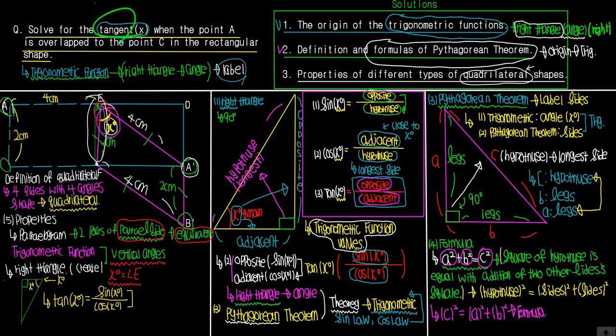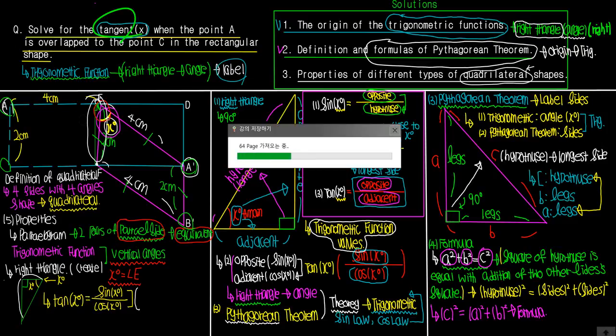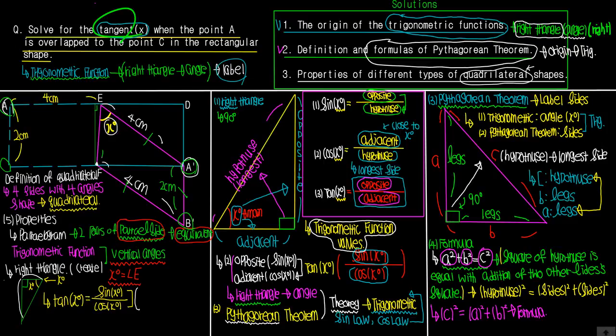So the only thing that we need is the side that is adjacent and the side that is opposite. I will erase this a little bit to see better. The side right over here, that is the opposite side, which will be our sine of x, will be 2 centimeters.